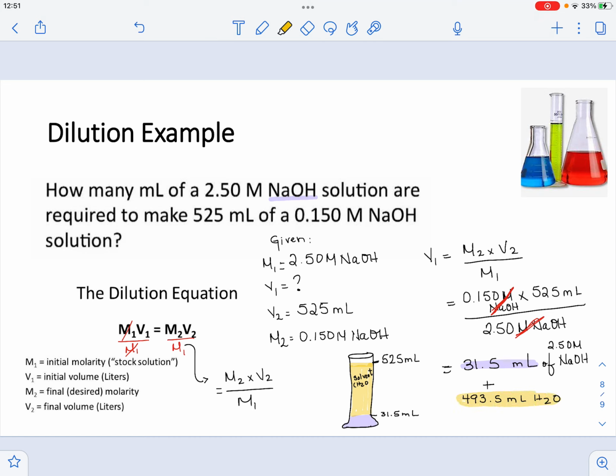For this lab, be very careful when you're answering the questions, because if you are trying to calculate how much volume of solvent is needed to make a particular solution, remember that I obtained this number by taking V2, which is the final volume of the solution, and subtracting V1, which is how much I added of the stock solution. That tells you how much solvent was added to make a particular solution.